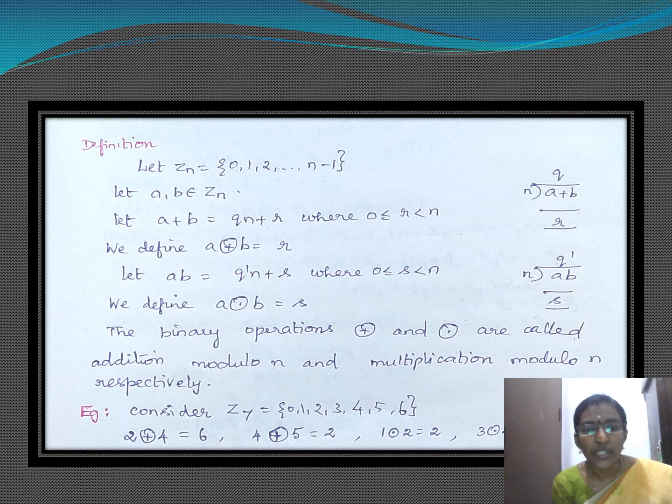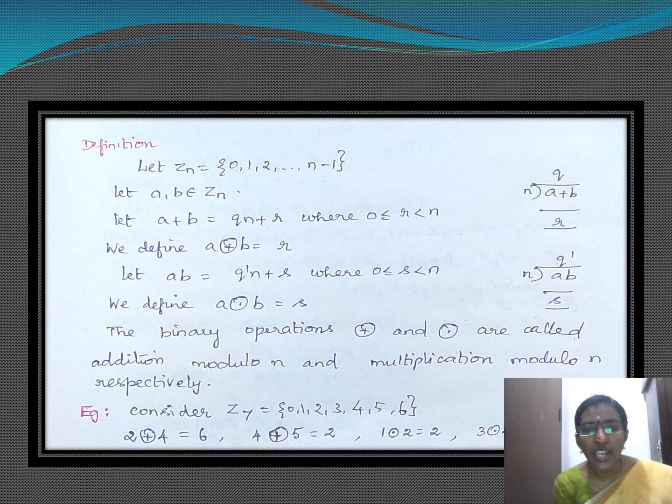For this, let me take two elements a, b belongs to Z_n. Then a plus b equals qn plus r, where 0 less than or equal to r less than n. We define a plus circle b is equal to r. Likewise, a into b is equal to q'n plus s, where 0 less than or equal to s less than n.